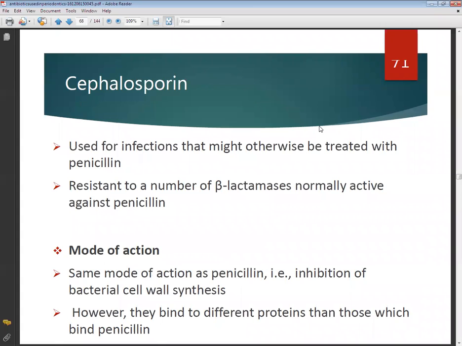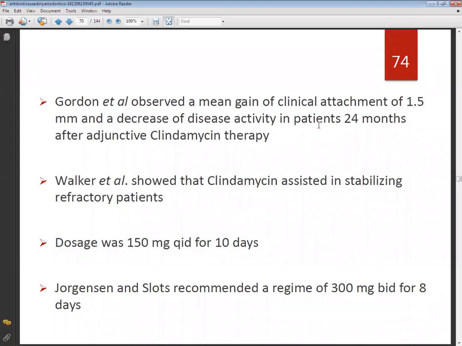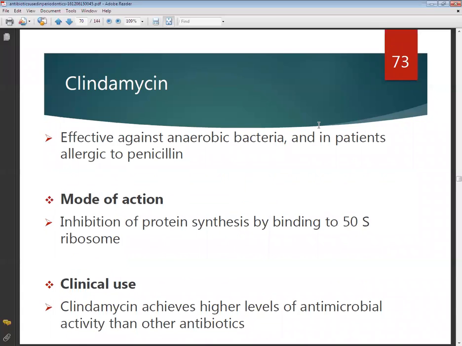It is mainly used in patients who are resistant to beta lactamase, that is penicillin. The mode of action is similar to penicillin, inhibition of the bacterial cell wall. The clinical use is that it mainly inhibits gram-negative bacteria and is used in aggressive periodontitis as well as refractive periodontitis cases.